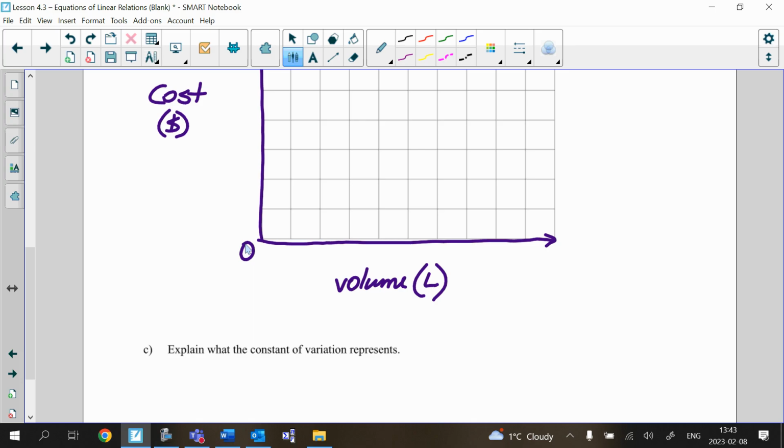And then all we have to do is plot these points. Like so. And notice it is a direct variation because the graph goes through 0, 0. And that's also a straight line, and it also increases as you move to the right along the horizontal axis.